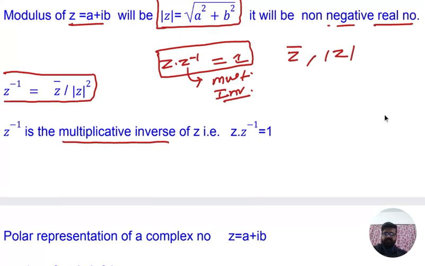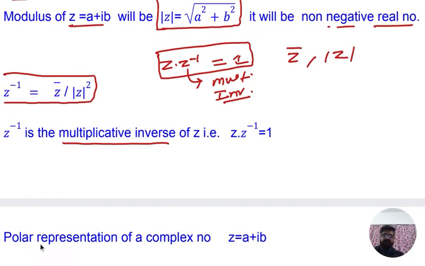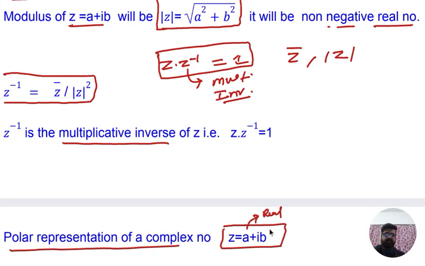Yes, you can expect a question from here. This is a very simple concept. As you can see, this is a type of representation of our complex number. This is a real term, and this is imaginary.